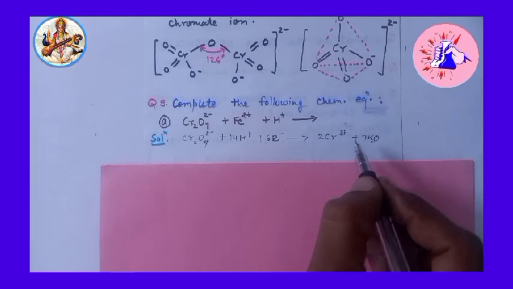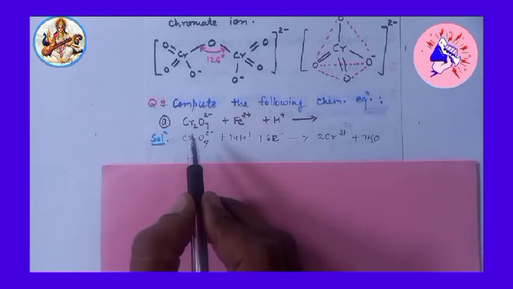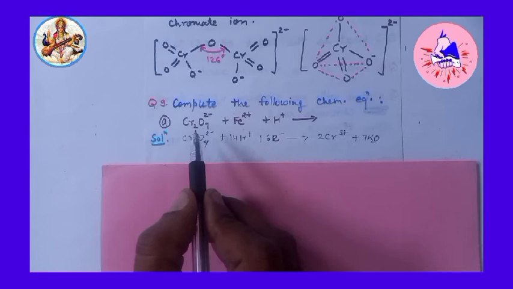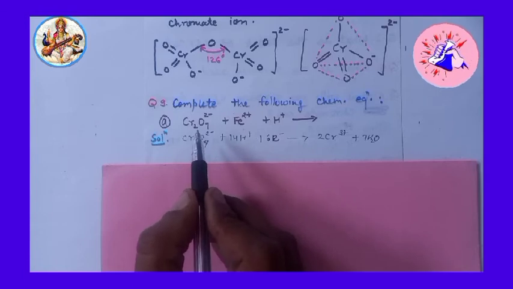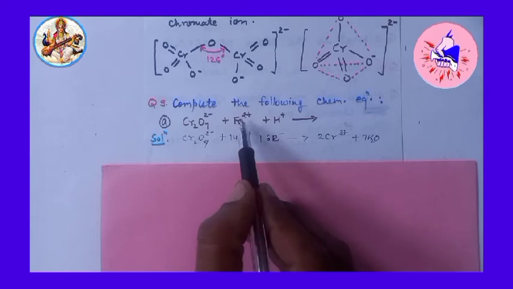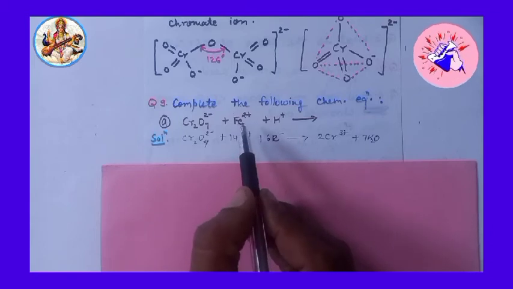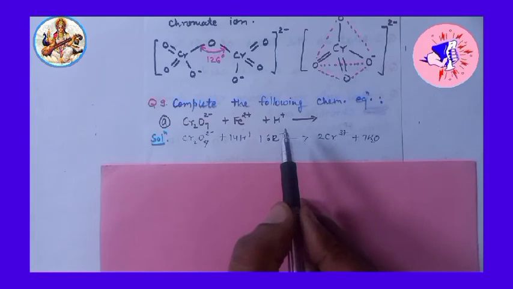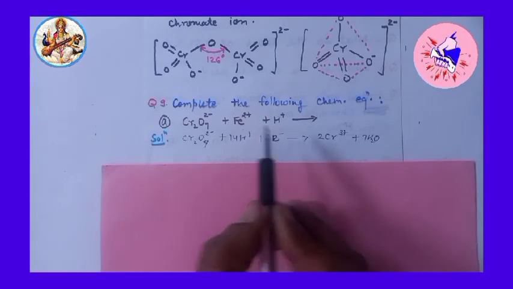Very important. So, dichromate ions oxidize Fe2+ ions into Fe3+ ions in acidic medium.